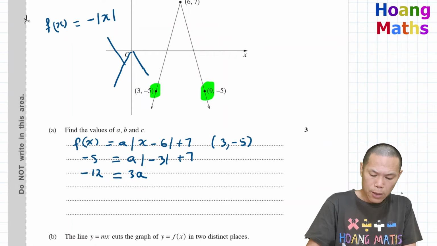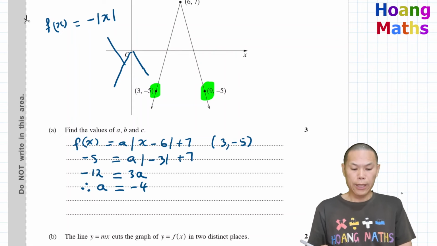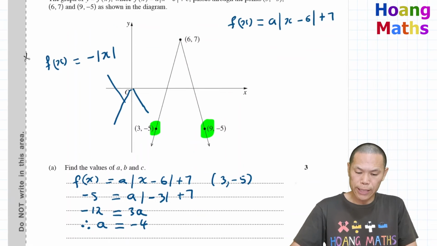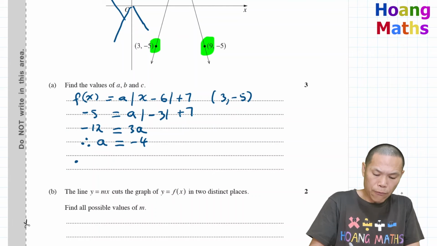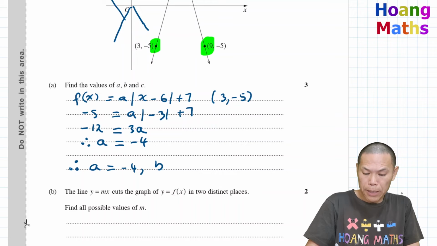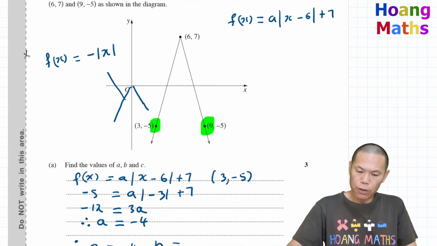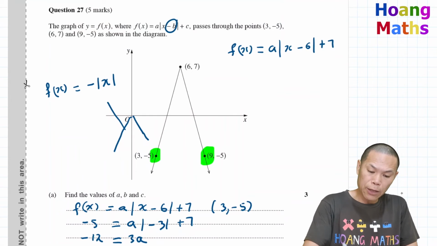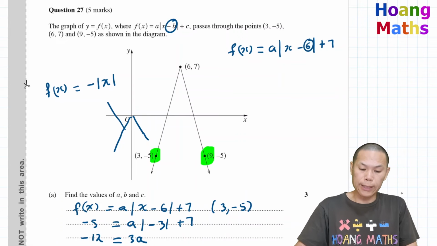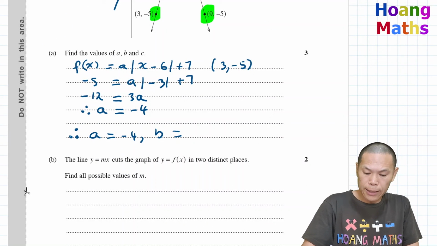Therefore, A is -4. Then I can answer the question now. A is -4, B is this value here, so it's 6, and then C is 7.